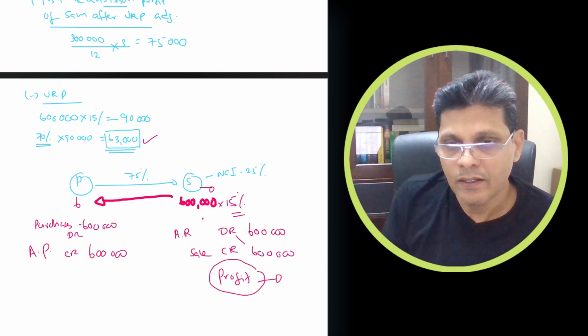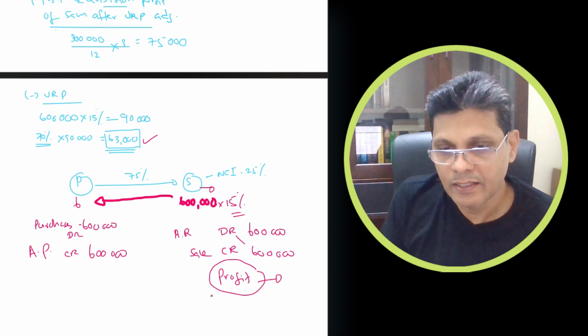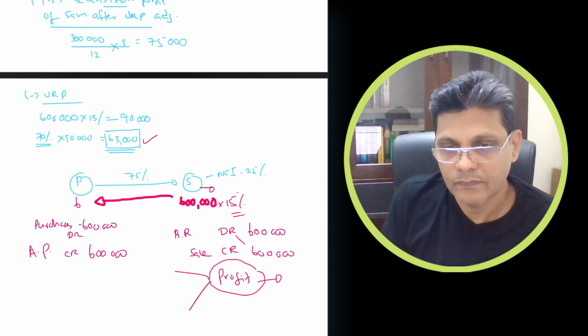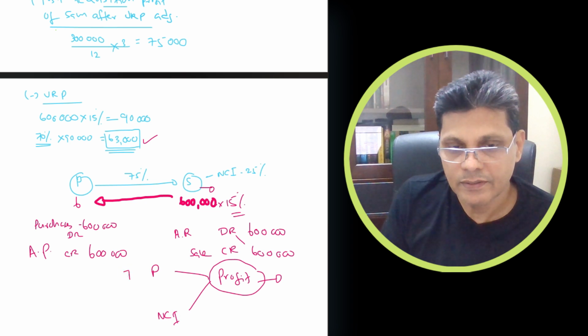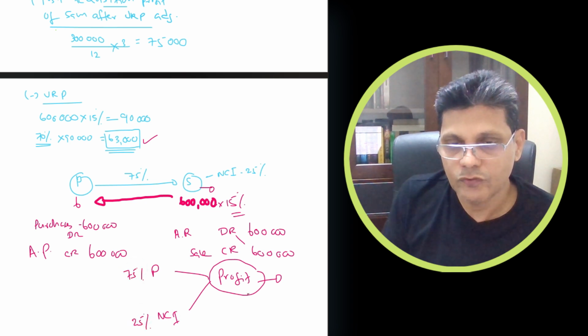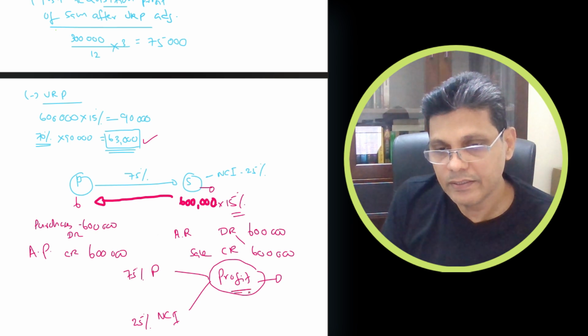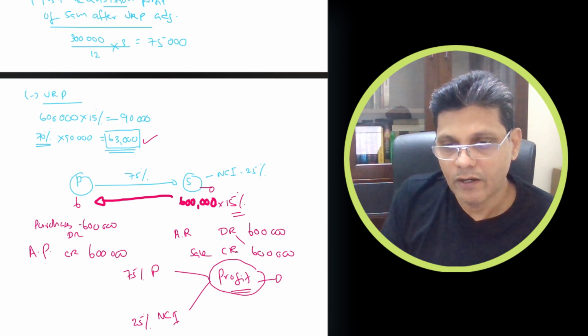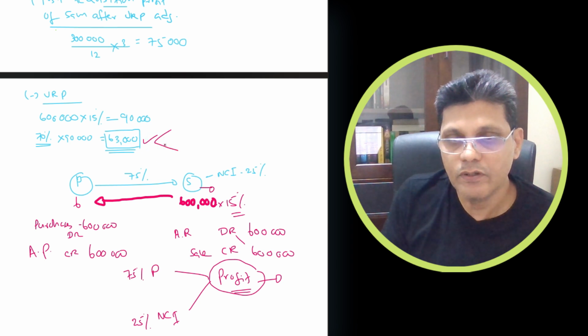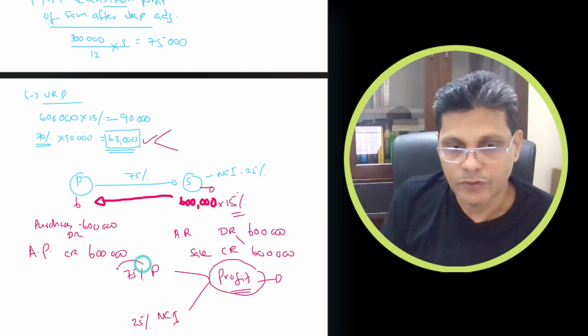So therefore, S's profit has to be shared between the parent and non-controlling interest, the parent 75% and NCI 25%. Since the profit is recognized by S, this unrealized profit has to be calculated on this ratio, 75% Park, 25% NCI.